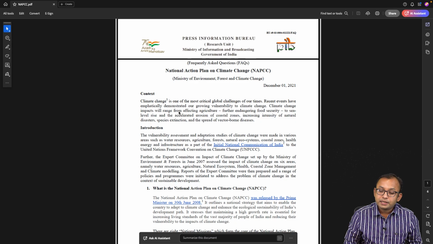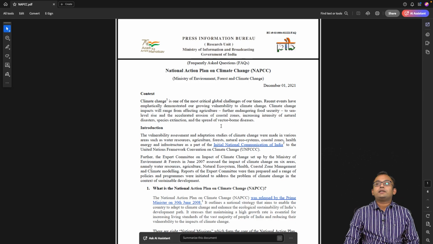Climate change impacts will range from affecting agriculture, further endangering food security, to sea level rise and accelerated soil erosion or erosion of the coastal zones. Increasing intensity of natural disasters, species extinction and spread of vector-borne diseases.